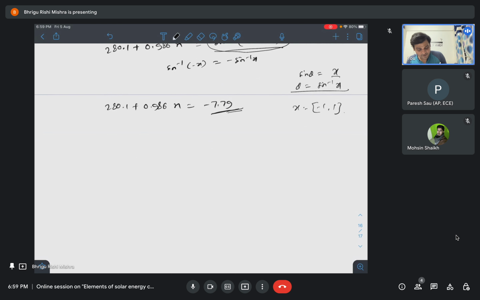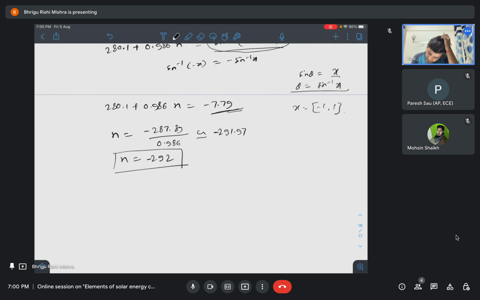Now if we solve this, we will get n equals minus 287.89 divided by 0.986, so it is minus 291.97, or simply n equals minus 292.